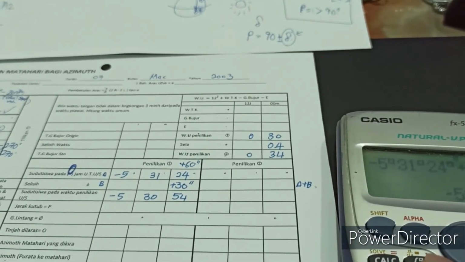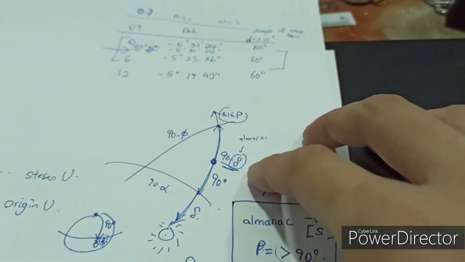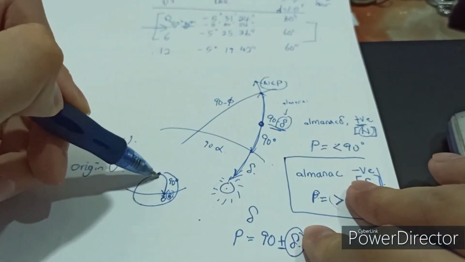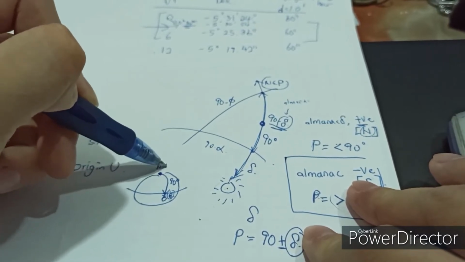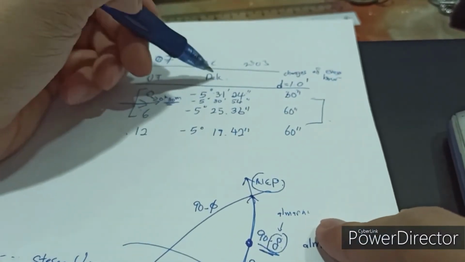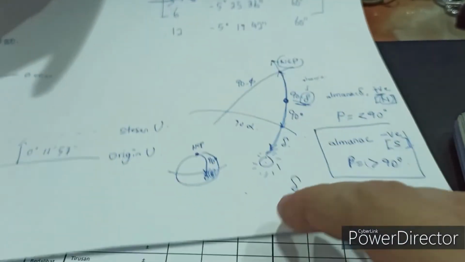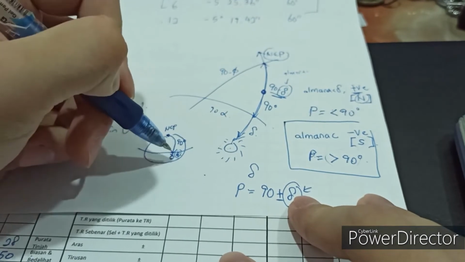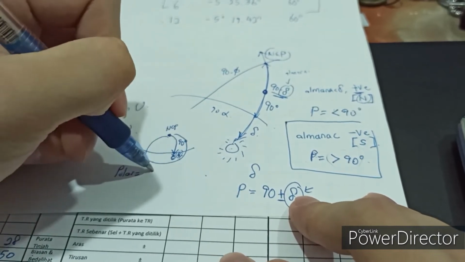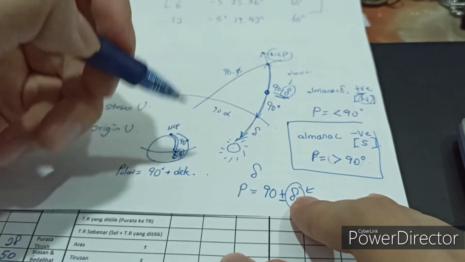Okay, so for the jarak kutub, it is like this. Jarak kutub is the distance from the north celestial pole to the sun. Since the almanac said that the sun declination is -5, it means the sun is located in the south hemisphere. So the polar distance will be 90 degrees plus the declination in the almanac.